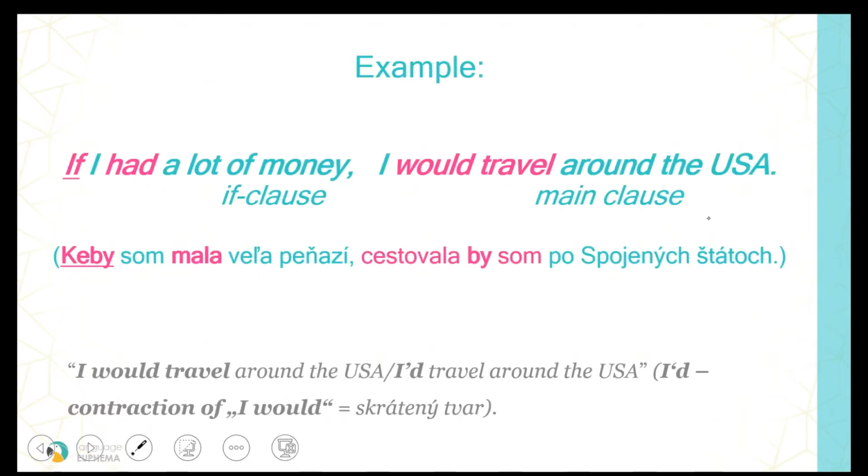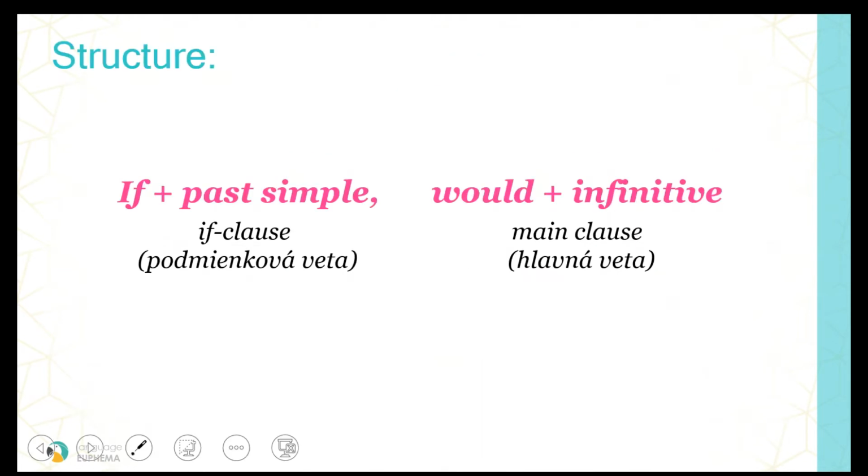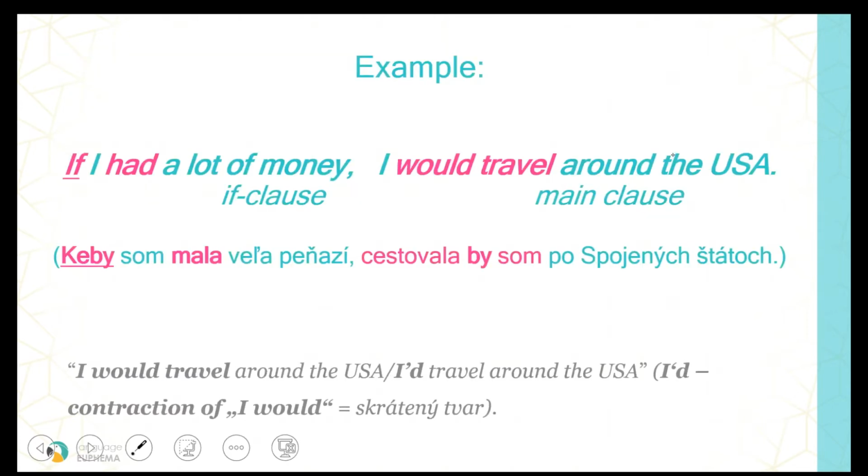This is the structure. For example, if I had a lot of money, I would travel around the USA. Let's analyze that. First, there is the if clause, so I have to use, of course, if and past simple. Past simple of have is had. So if I had a lot of money, I would travel around the USA. This is the main clause where I use would and infinitive: would travel around the USA.